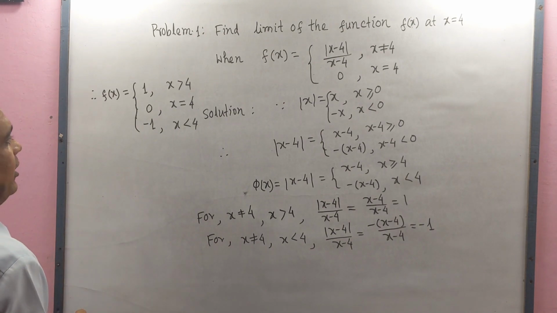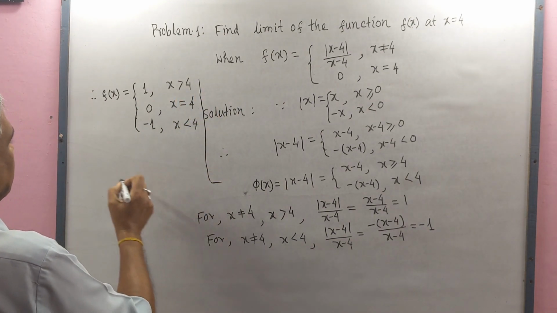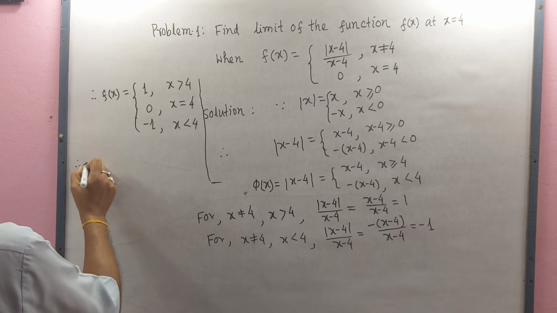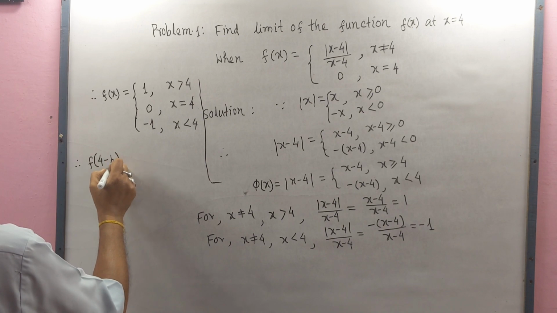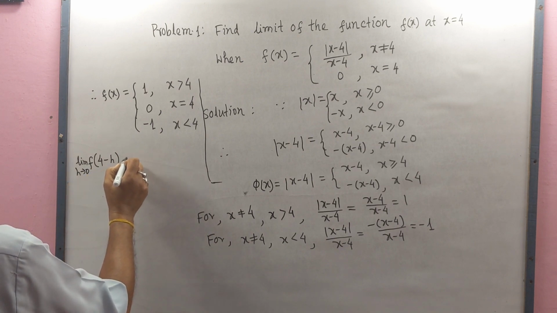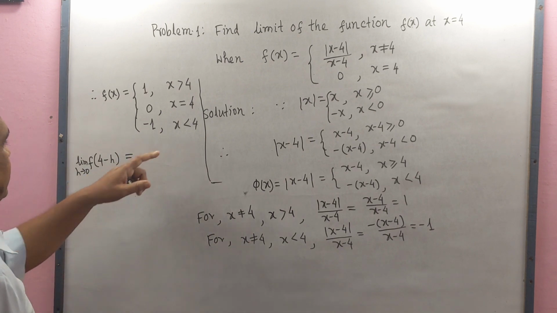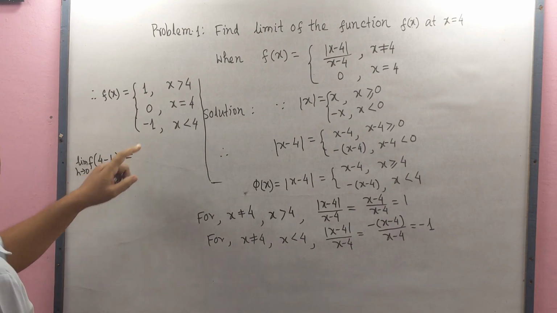We have to find the limit of this function. Therefore, limit h tends to 0 of f(4 minus h): 4 minus h is less than 4, so it equals minus 1.